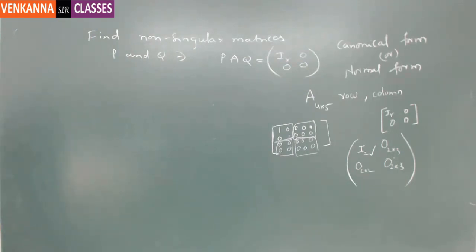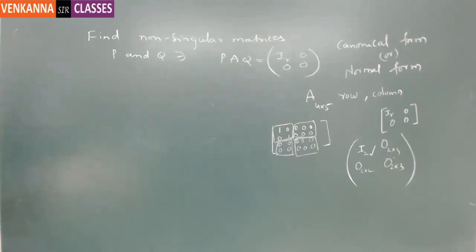So in other words, whenever I give you a matrix, whether square or rectangular, you are going to find two non-singular matrices P and Q such that on multiplying P, A, Q, the three matrices, you get the normal form. After reducing, we will say what P is, what Q is, and what the rank of the given matrix is.